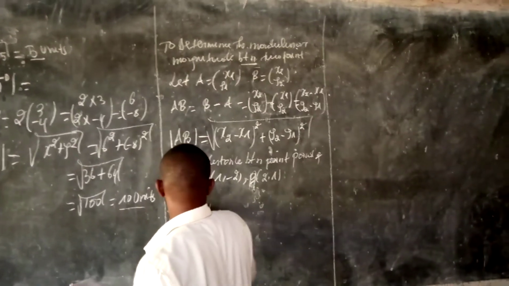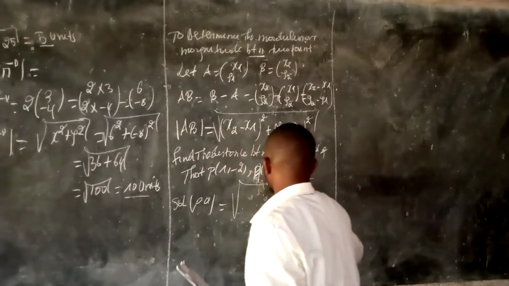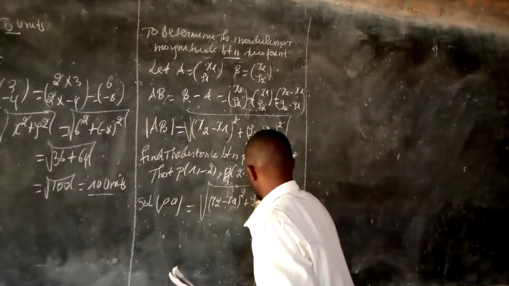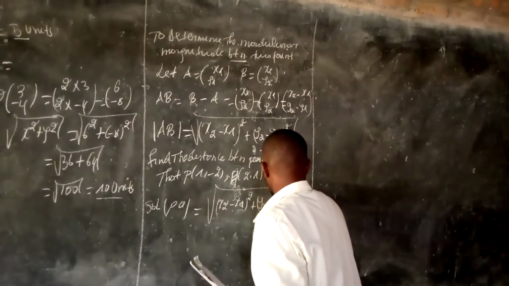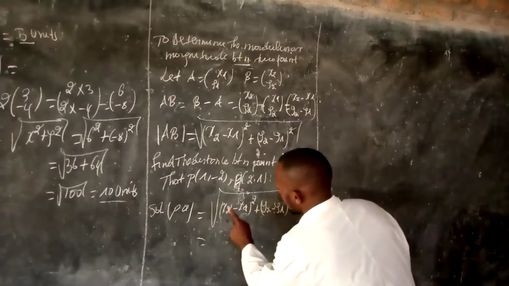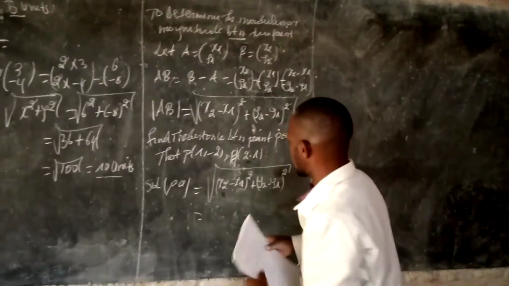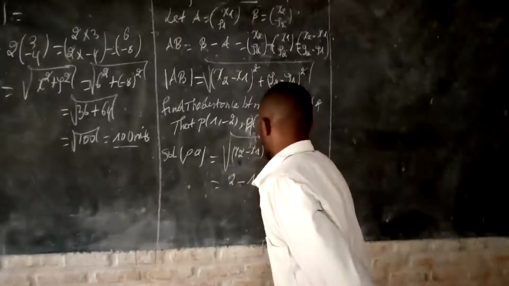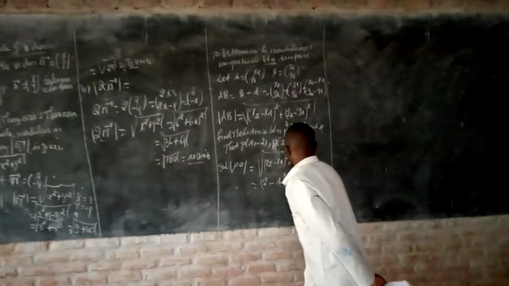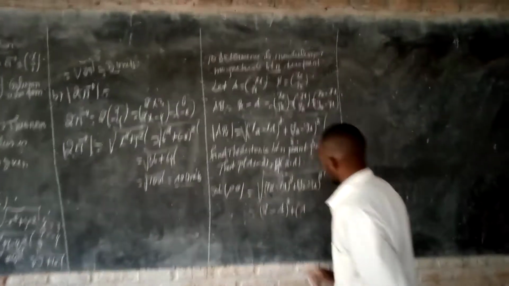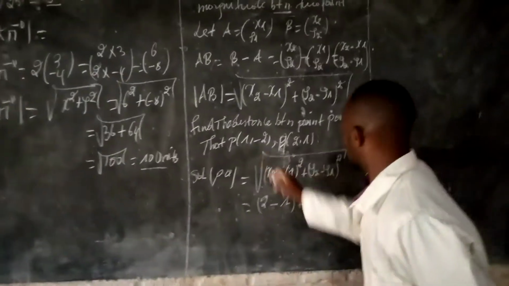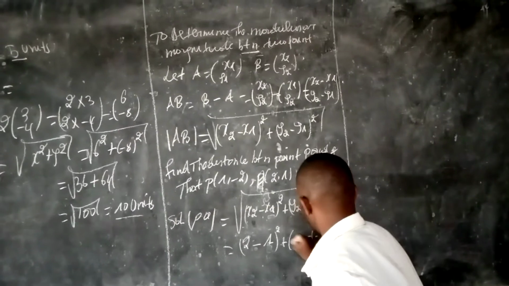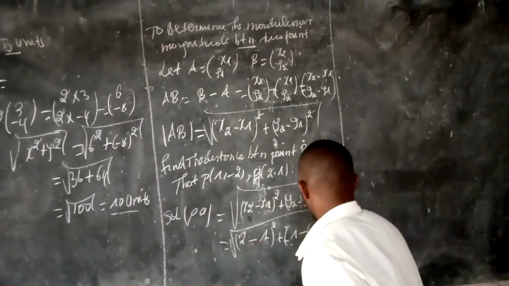P and Q, yes, the modulus of PQ is equal to the square root of (x2 minus x1) squared plus (y2 minus y1) squared. Now x2 is the coordinate of the second point, which is 2, minus x1, which is 1, squared, plus y2, which is 1, minus negative 2, squared, all in the square root.